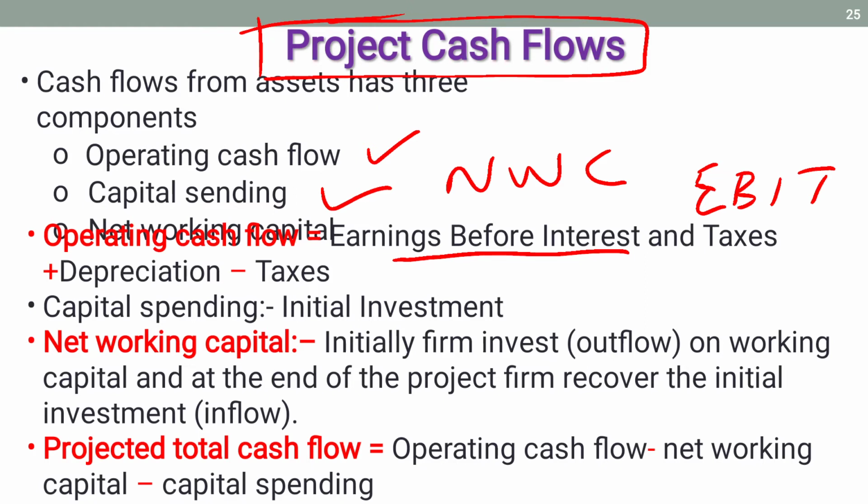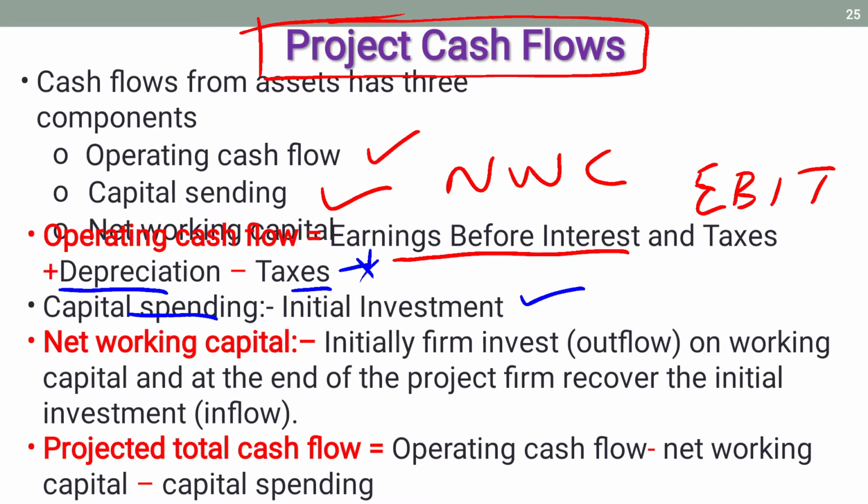then after that you have to deduct the tax. Capital spending means, I'll take another color to highlight, plus depreciation and minus tax. At this point you have to be careful when you are adjusting. Capital spending means it's an initial investment, initial cash outflow.